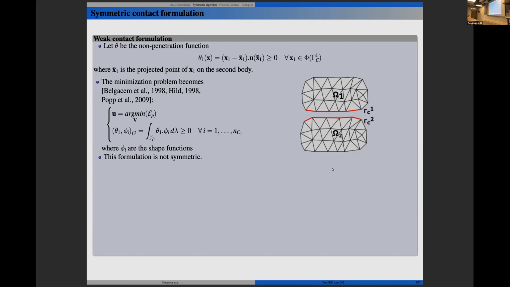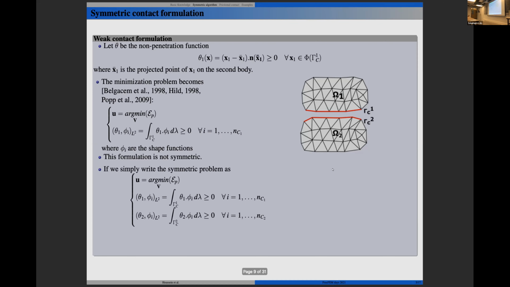We can, for example, make this formulation a very naive symmetric formulation. Here we will keep this non-penetration considering the first one as slave and second one as master, and we will add additional constraints by considering the second one as slave and the first one as master. Therefore, we will obtain an additional NC2 condition.